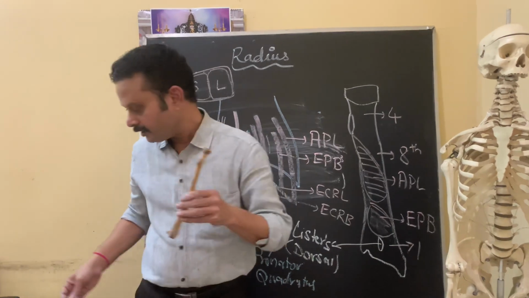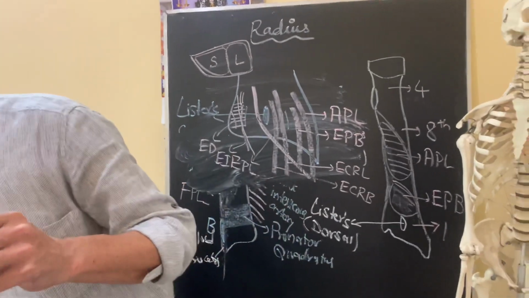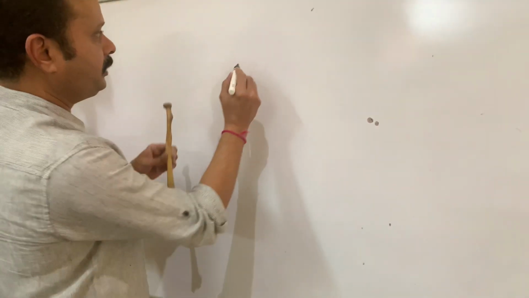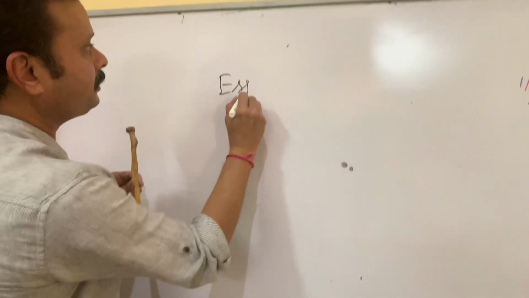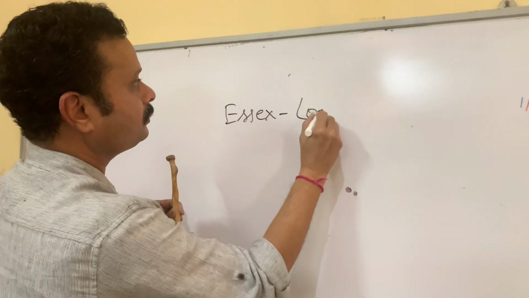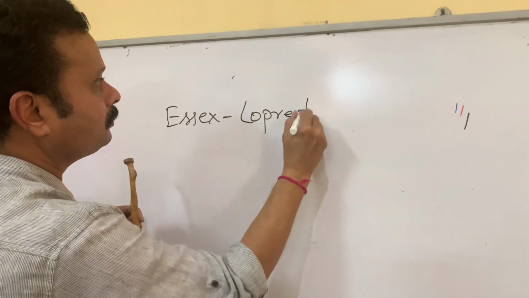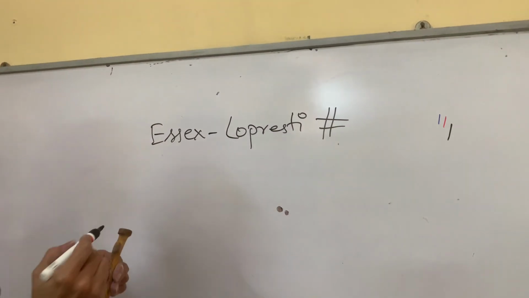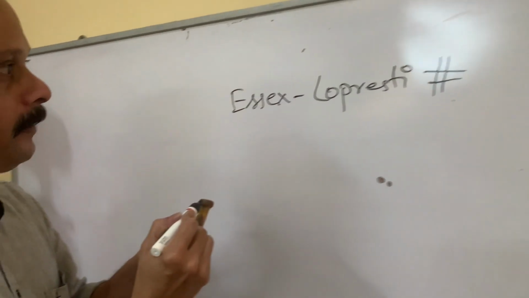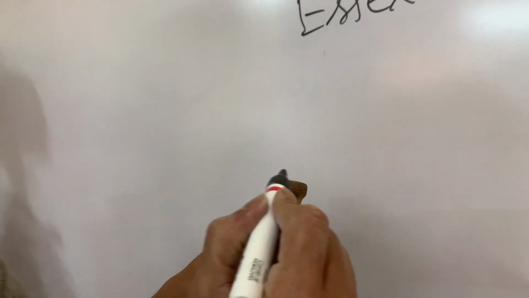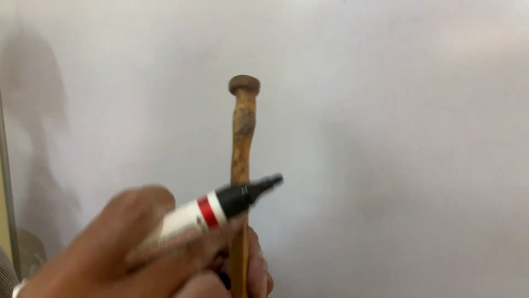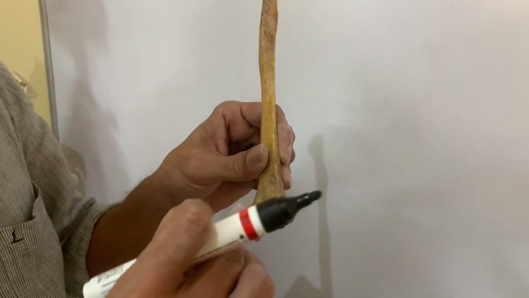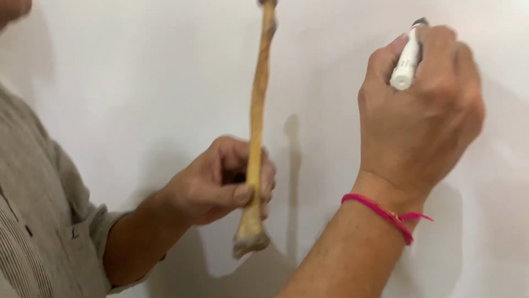Now coming to the clinical aspect of the radius, there are fractures like the Essex-Lopresti fracture, which means there is a fracture of the radial head, there is a disruption of the interosseous membrane, and there is a dislocation of the inferior radioulnar joint.